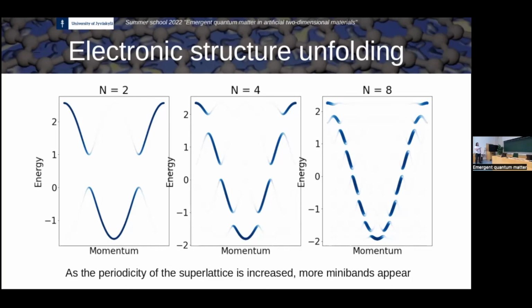As your wavelength becomes bigger and bigger, you develop more and more bands, each one creating a new anti-crossing in your original electronic structure, and each one creating new band tops and band bottoms in your electronic structure.